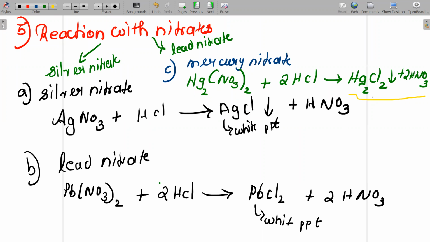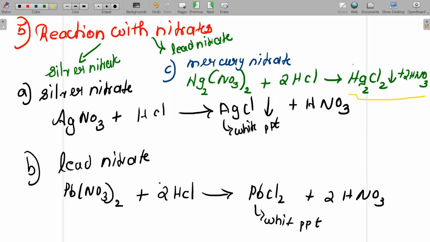Understood? So in all the cases, children, listen carefully: you are getting HNO3. Based on the nitrate you introduce, that particular nitrate's chloride is formed. Silver nitrate gives silver chloride, lead nitrate gives lead chloride, and mercury nitrate gives mercury chloride, right?